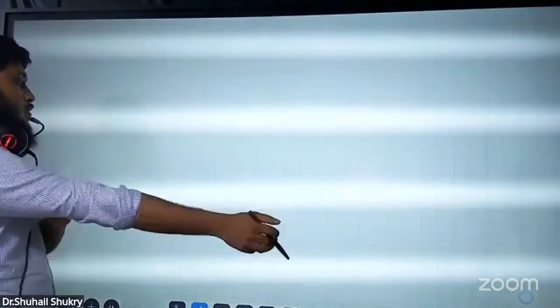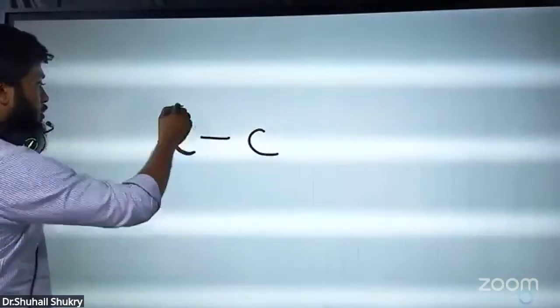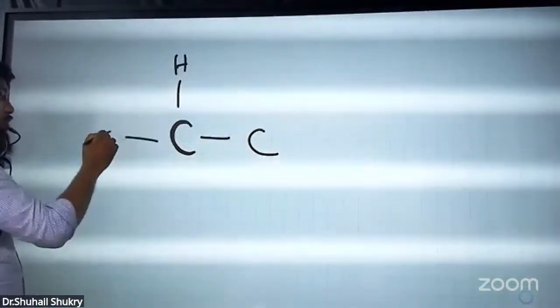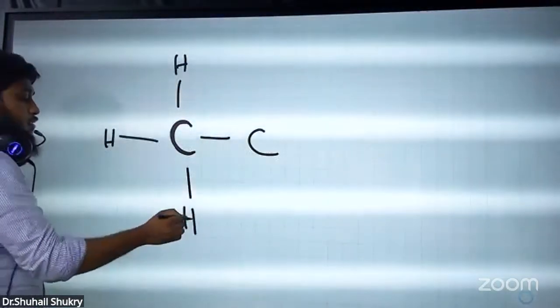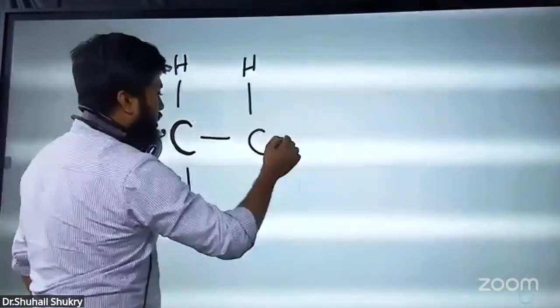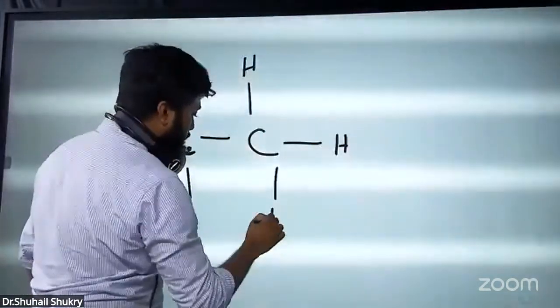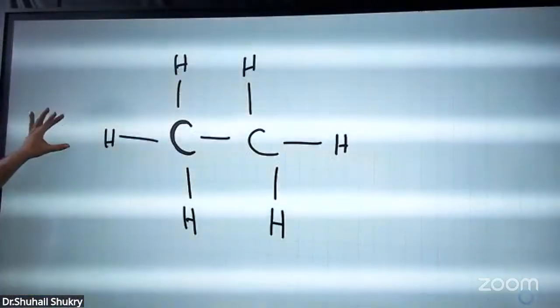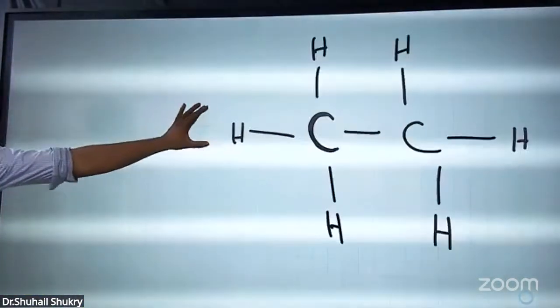Last week we drew how to draw for CH3. I spoke about how to draw this. Then I said how to check the hybridization. How to check the hybridization, guys?